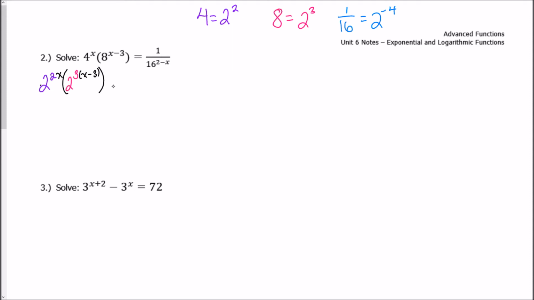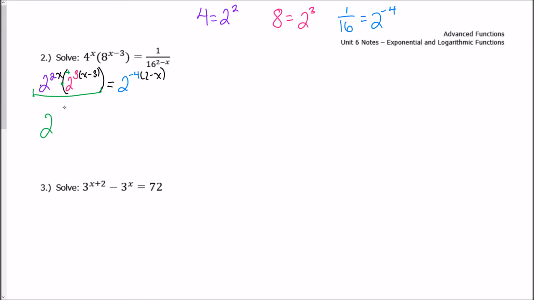Then this is equal to 2 to the power of negative 4, replacing 1 over 16, and we still have this 2 minus x here. If I rewrite this whole left side, it's multiplication, so we should add our exponents.